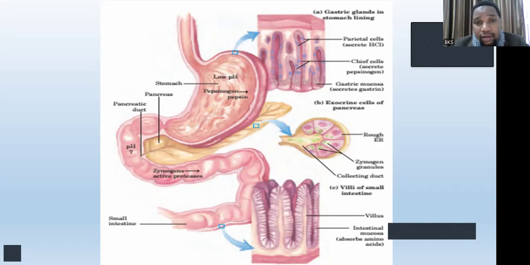Zymogens are released in the inactive form. Basically, why in inactive form? Because they can easily cause damage to these cells. If they were produced in active form, they could cause a lot of damage.